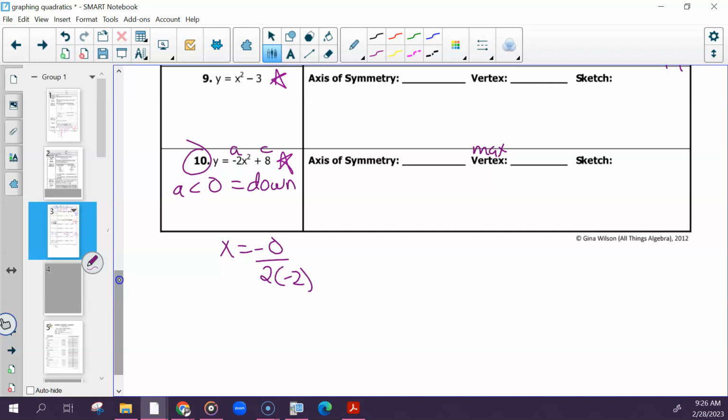So what will our x value be? It would be 0. So if you don't have a b, your axis of symmetry is 0.